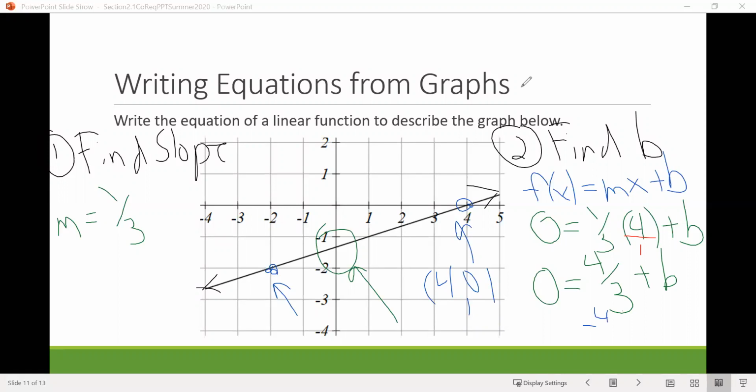We can subtract 4/3 on both sides, and when we do that we get b equals -4 over 3. Now we know our value for m and our value for b, so we can write our equation: f of x equals 1/3 x minus 4/3.